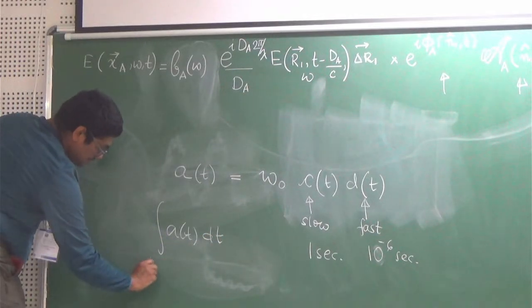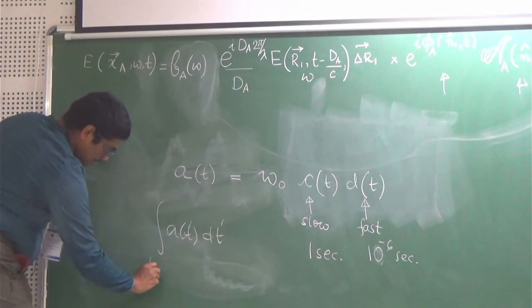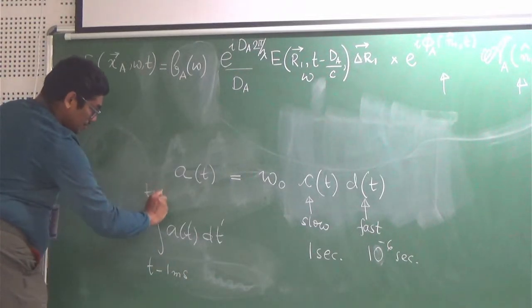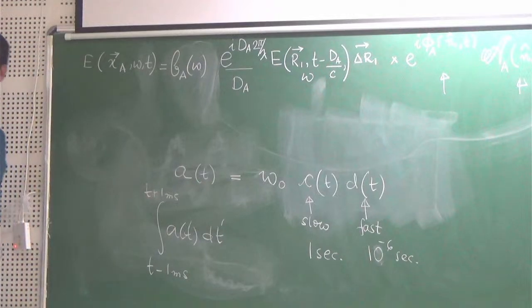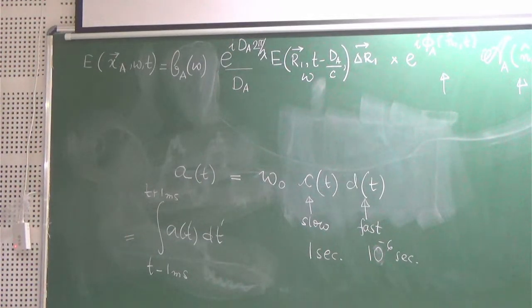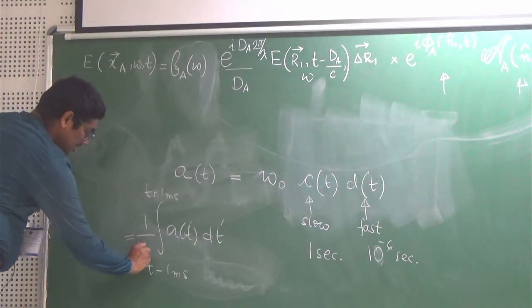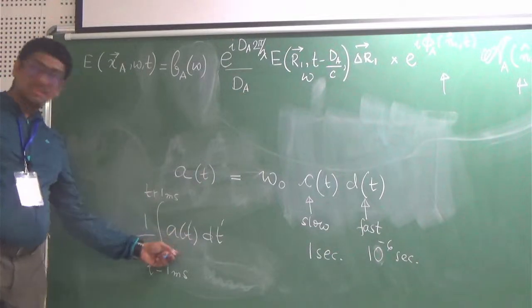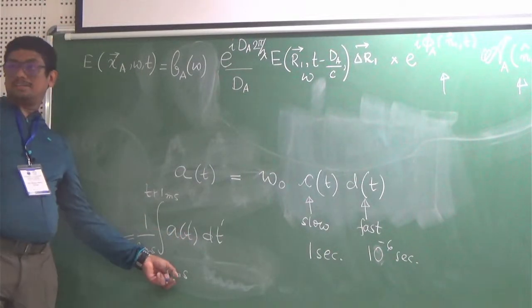If I do it over t prime, from t minus 1 millisecond to t plus 1 millisecond, what will I get here? 1 by 2 milliseconds. This is an average of the signal over 2 milliseconds.